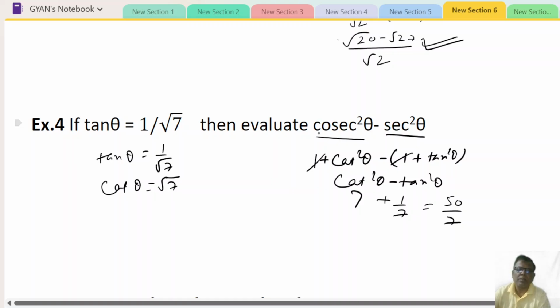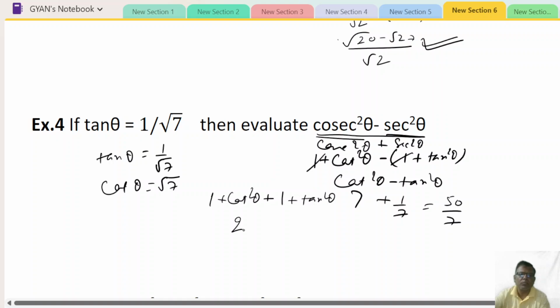It is 50 by 7 divided by cosec square theta plus sec square theta. So what is cosec square theta plus sec square theta? Cosec square theta plus sec square theta will be 1 plus cot square theta plus 1 plus tan square theta. So 2 plus 7 plus 1 by 7.